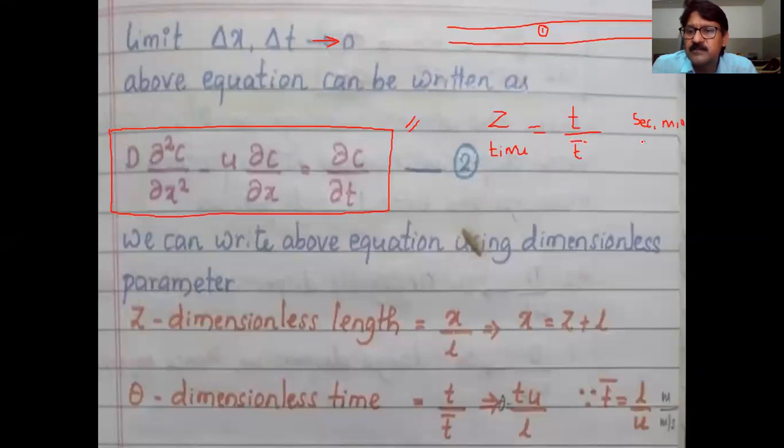The mean is also in seconds, so it cancels. So z is equal to t by t bar, or x and l. Sorry, z is in length here; I have shown the time. If it is theta, time is theta, t by t bar. I'll explain.